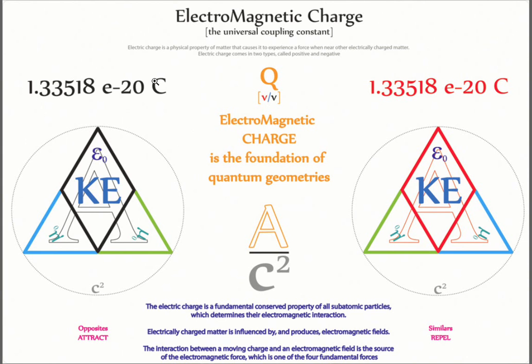And again, alpha itself, or the fine structure coupling constant, is in fact the alpha of the equilateral geometry of Planck's constant, which of course is mass alpha, kilograms square meters per second.